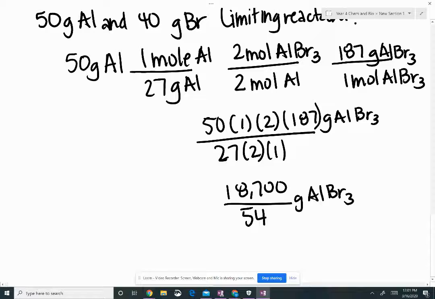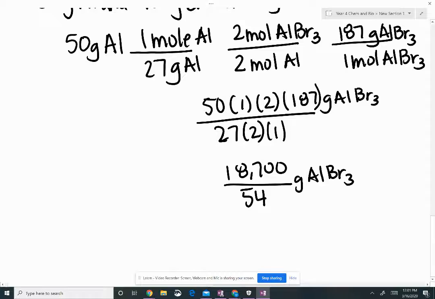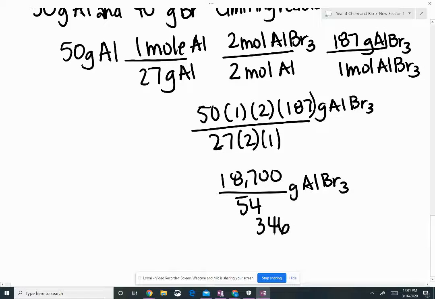So 18700 divided by 54, and then you should get 346.29 grams of AlBr3. Right, so that is the first part.